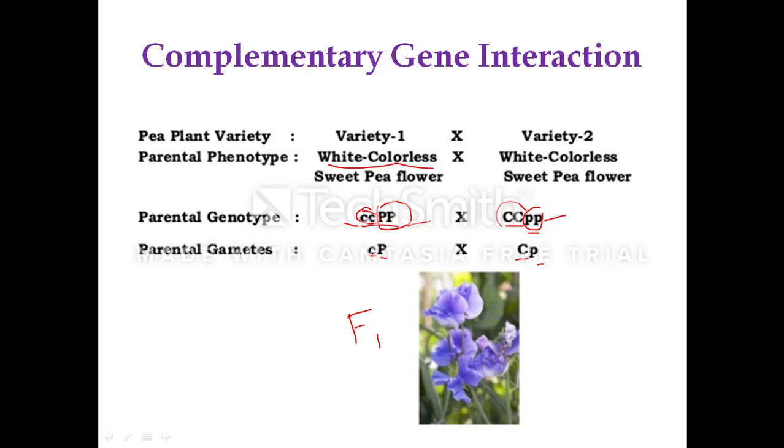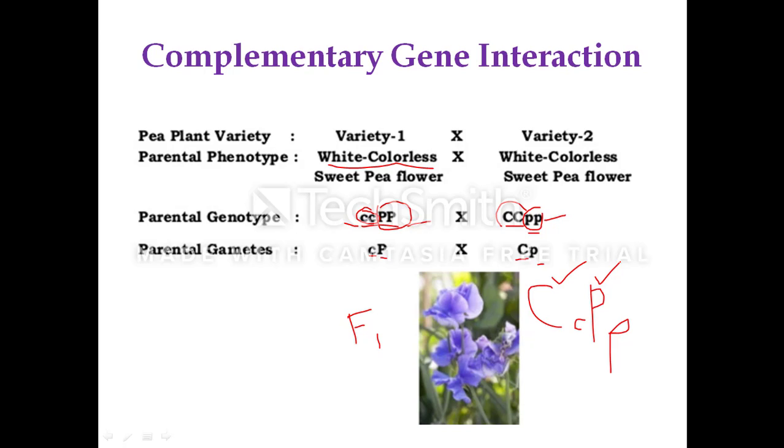And hence in the F1 generation, when they were crossed, they produce the purple flower with the genotype of capital C small c, capital P small p. Here chromogen is there, it will be activated by the enzyme to produce the product.